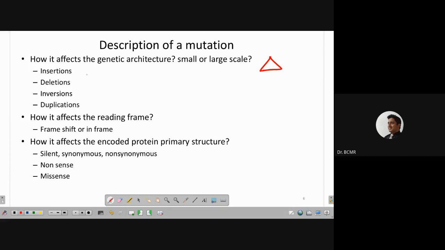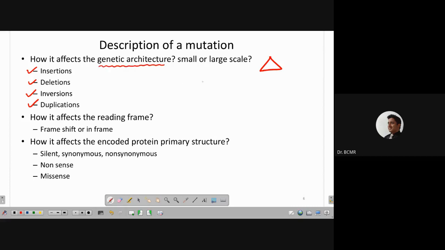In terms of genetic information, when you say mutation, what types of changes can happen? It could be insertions, deletions, inversions, and duplications. This is at the level of DNA, what is happening to the genetic architecture.